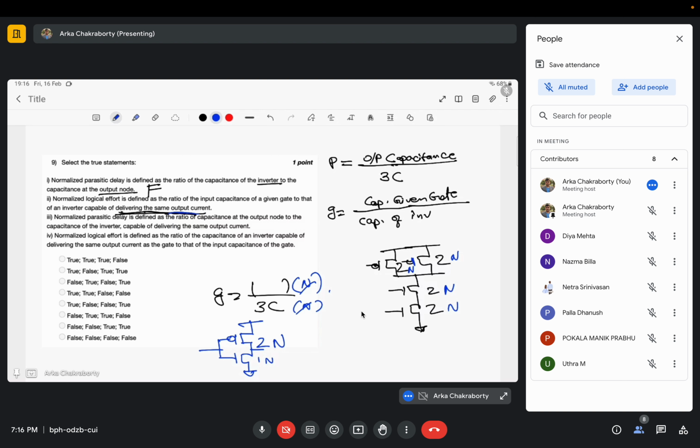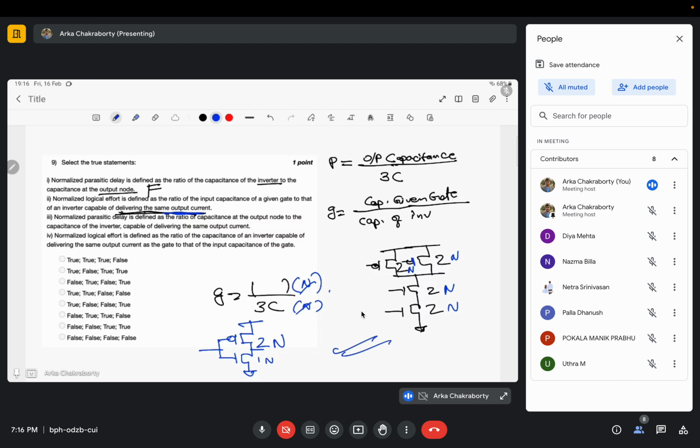So net RC would be R by n into Cn, so n would cancel out, net delay would be the same, net logical effort would be the same, and the net work this circuit would be doing compared to the unit inverter would be the same. Okay, that is the point. So this line, delivering the same output current, means the thing that I just talked about.